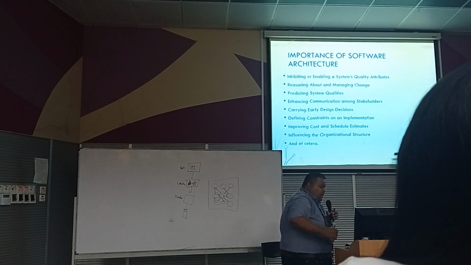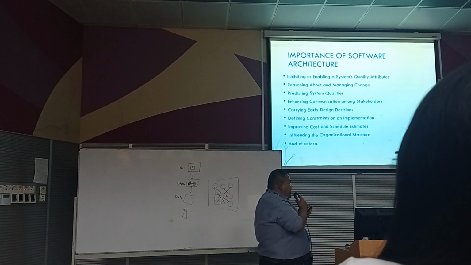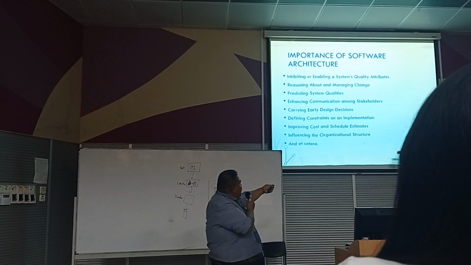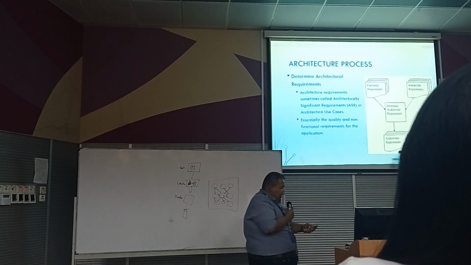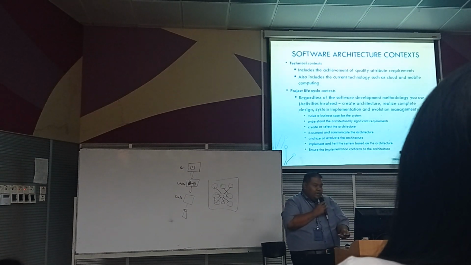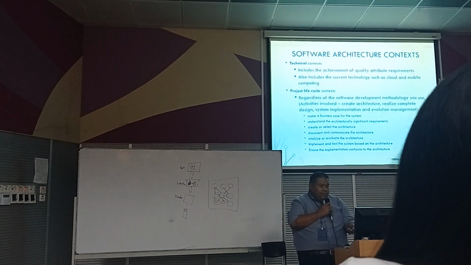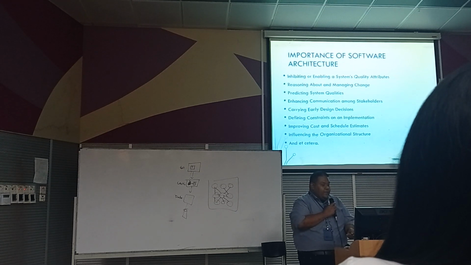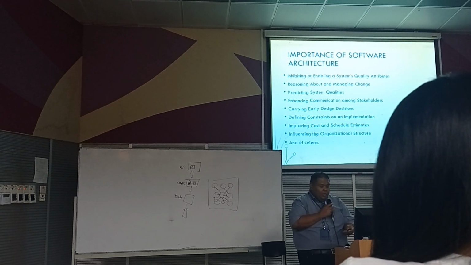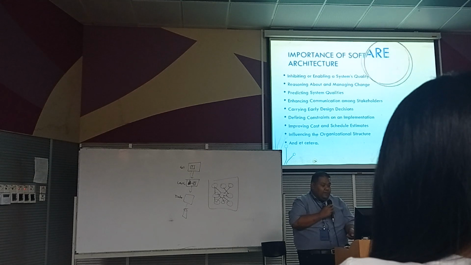Number 3, predicting the system quality. As I mentioned, software architecture is about quality, okay? It's all about getting quality value.